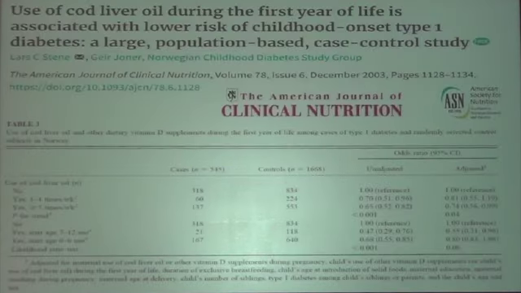Another important point is the timing of supplementation. This is a study showing that use of cod liver oil during the first year of life, showing that children supplemented with cod liver oil between 7 and 12 months of age have a significant lower risk to develop type 1 compared to those that were supplemented before 6 months of age.